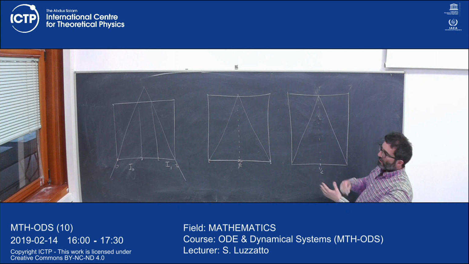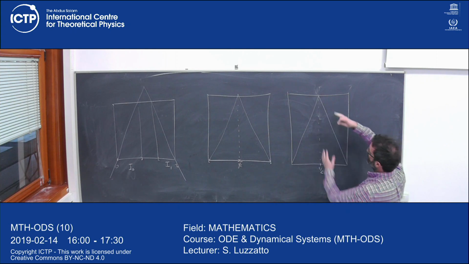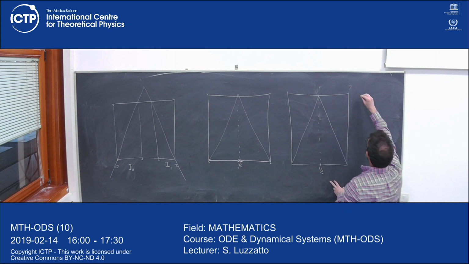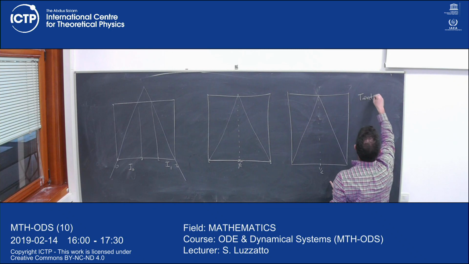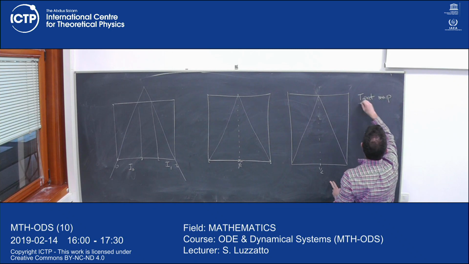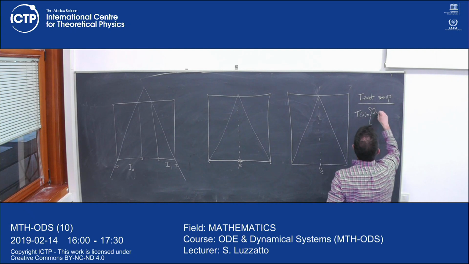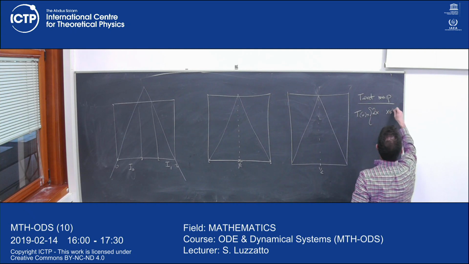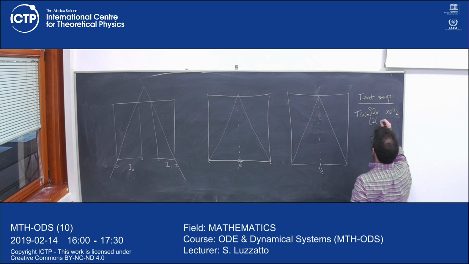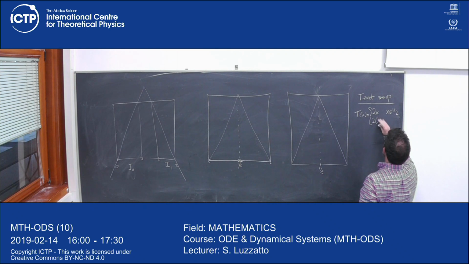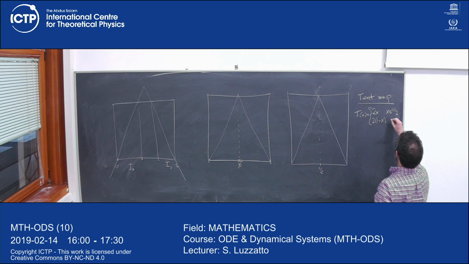In fact, they're all sometimes called the family of tent maps, because they look like a tent, but this one is most usually called the tent map. So this is Tx equals 2x if x is less than a half, and 2(1 minus x) if x is greater than a half, taken like this.